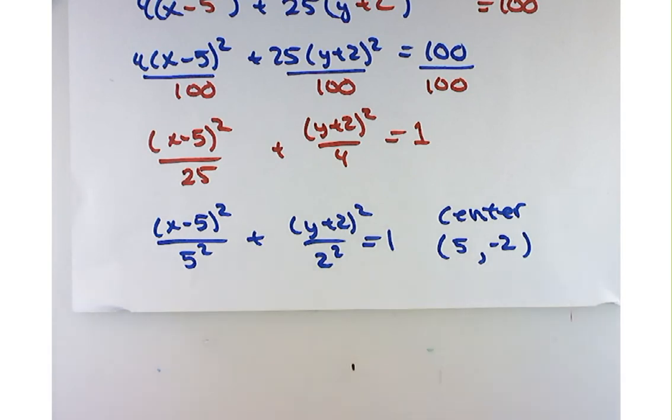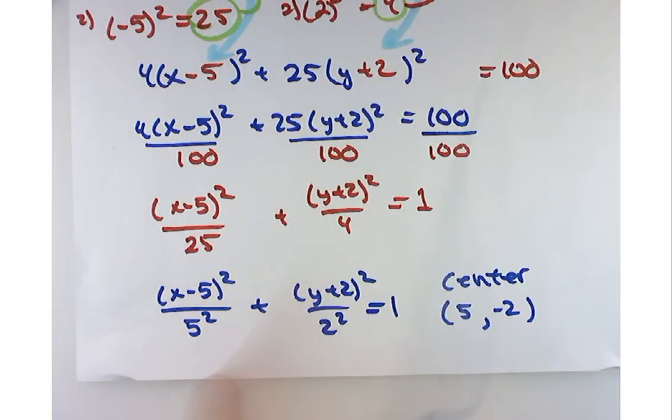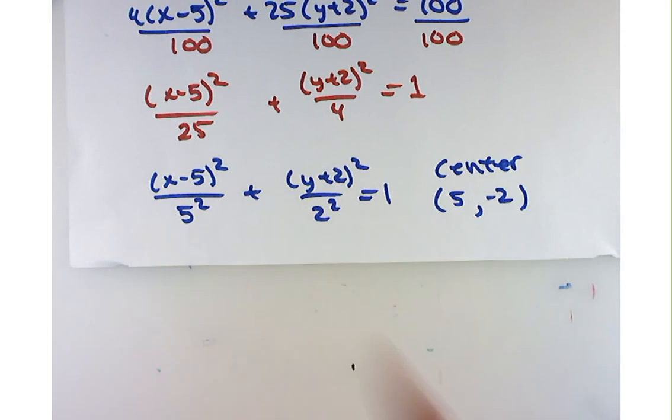A separate problem would be something like example D, where you're just asked to put it in that form. The reason I do that is because sometimes people can't do this, but they can graph an ellipse if it's given in this form. And I want to give you a chance to earn as many points as I can.